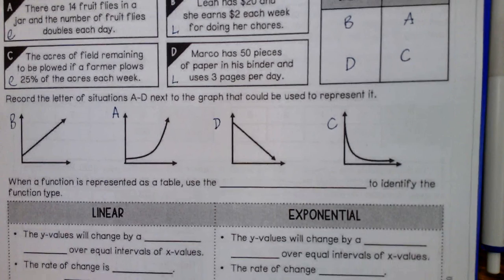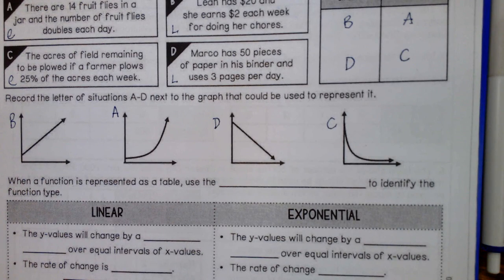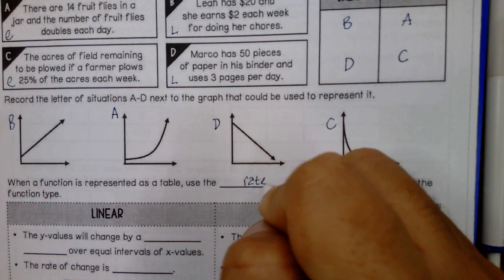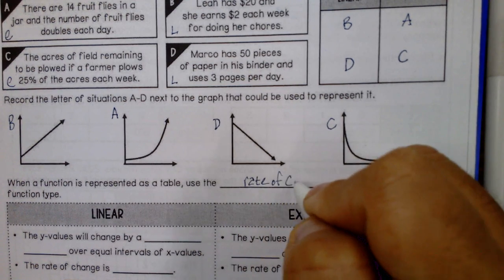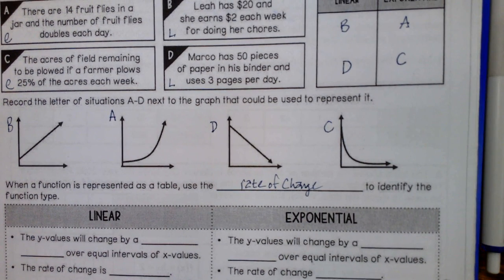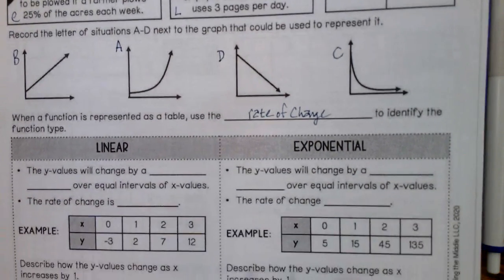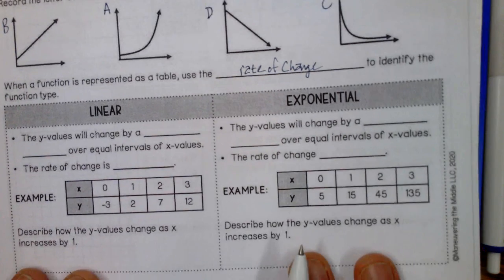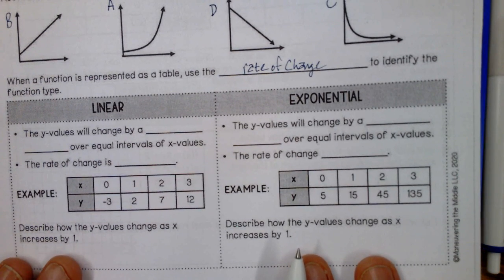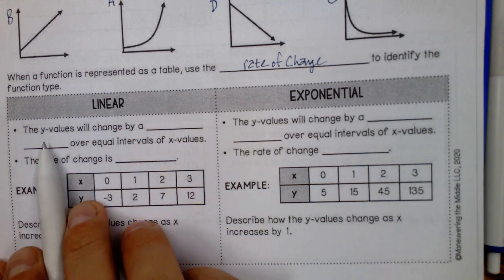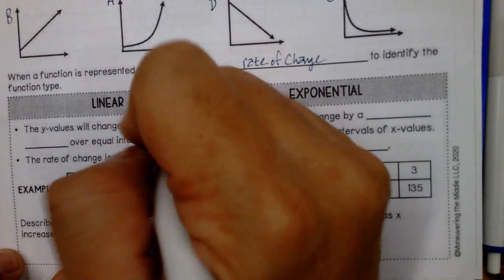Okay. So let's see. When a function is represented as a table, use the rate of change to identify the type of function. Okay. So let's use this for what we're going to do here. Okay, you guys ready? So the y values will change by a constant.